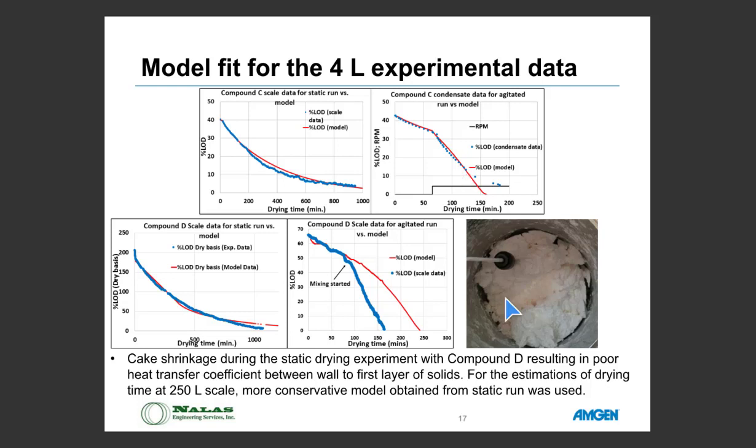But in the case of D, which was this compound here where I called out that it pulled away from the wall as it dried, the static run fits the data relatively well, but what we see is this pulling away from the wall gave us a heat transfer coefficient for that first boundary layer that's actually incorporating the heat transfer of those air gaps. So it's overly poor, artificially so, because of that air that's now exposed around the wall and the poor contact with the heated surface.